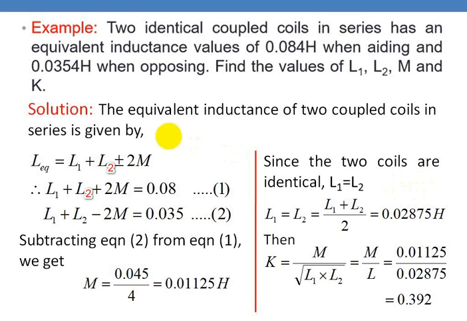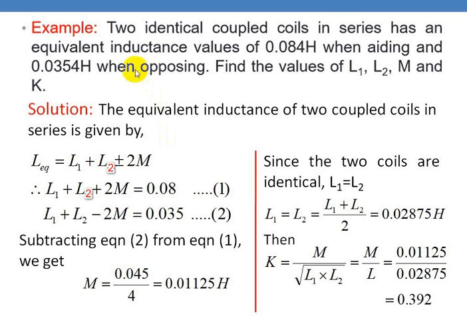In coupled circuits part 1, the basics of coupled circuits are discussed. Concepts of self-inductance, mutual inductance, coefficient of coupling, then series and parallel coupled circuits, and writing equation for coupled circuits are discussed.